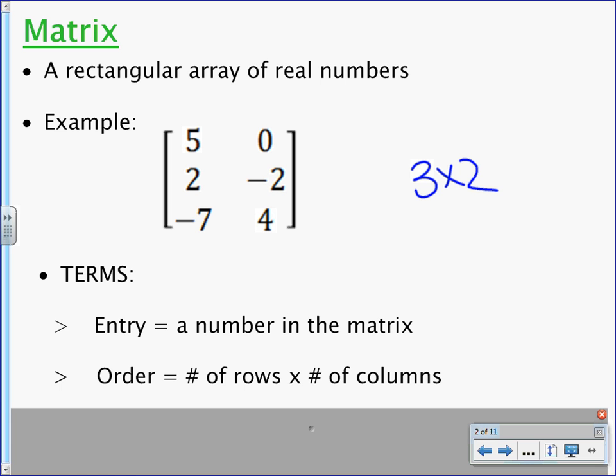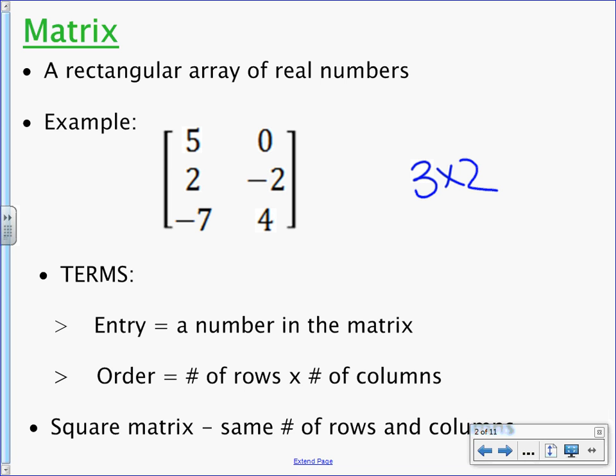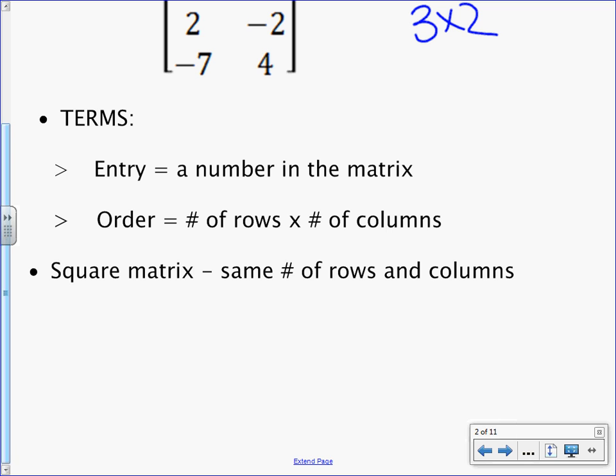And then we have some special matrices that will have special properties later. When our number of rows and columns are the same, we say that that's a square matrix. I'm sure you can see why we would call it a square matrix. We're going to have some special things that happen with square matrices.